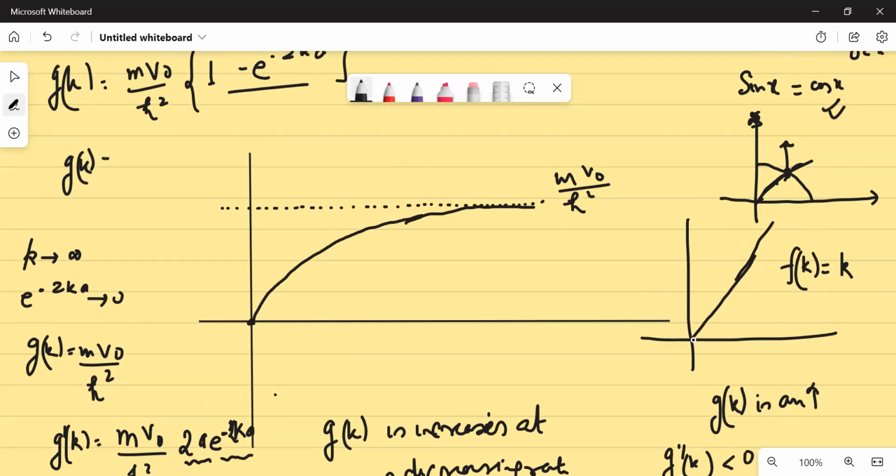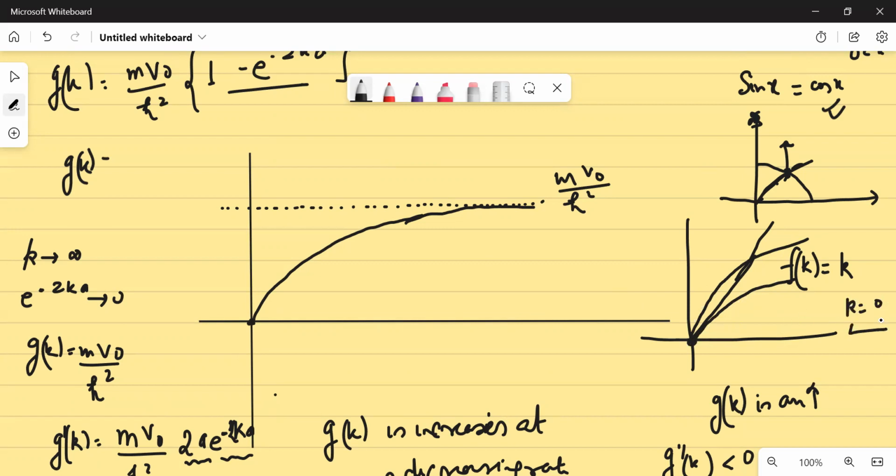There are two possibilities: your g(k) can be below f(k) equal to k, and g(k) can be above f(k) equal to k. I don't know which way my g(k) would go. If my g(k) goes entirely beyond f(k) equal to k, there will be no solutions. Or you can say that there is a coincidence at k equal to 0.